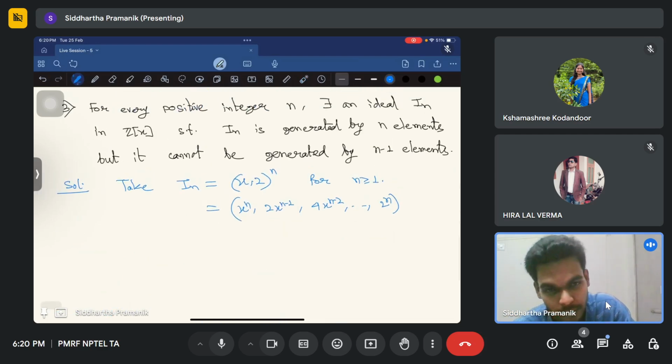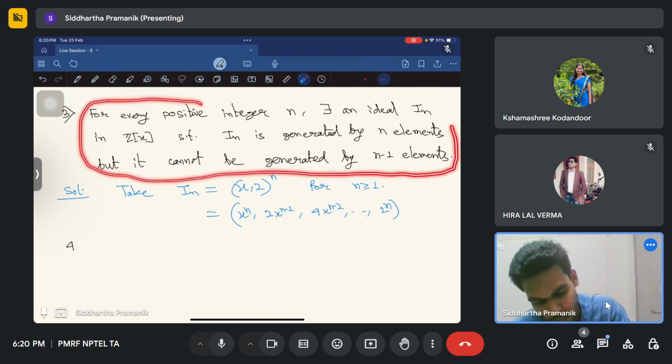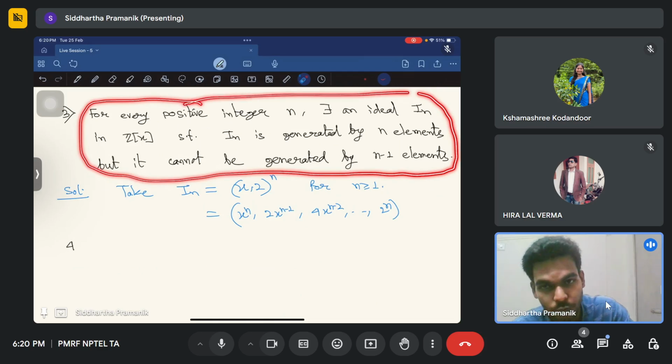So you just take it as information. So just remember this statement. Okay, so this is true for Z[x].